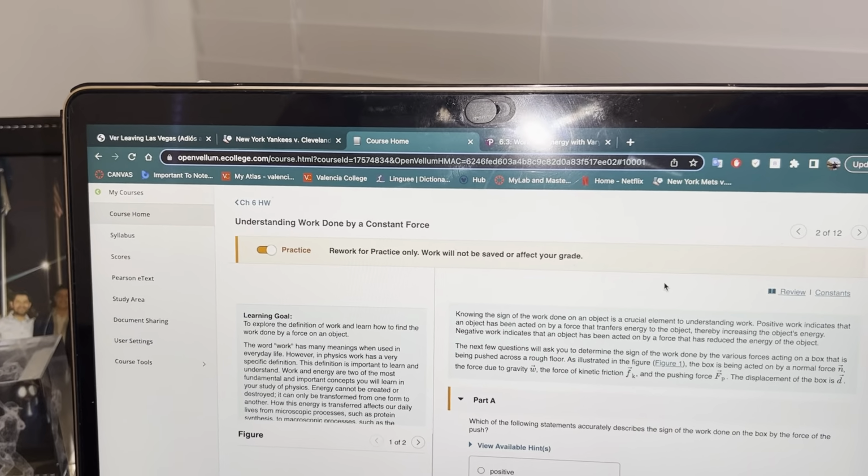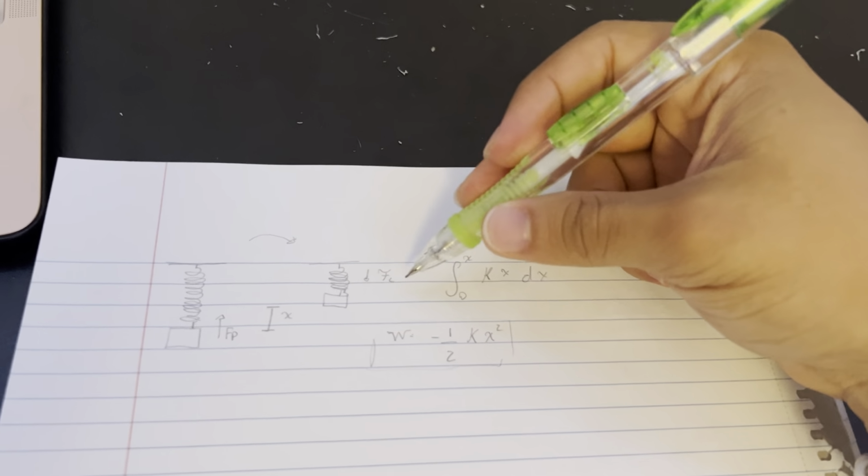When we do this integration, the answer is going to be 1/2, since it goes from 0 to x. The first input will be 0, so we may end up with the negative, then kx squared. So this defines the work made by a spring.